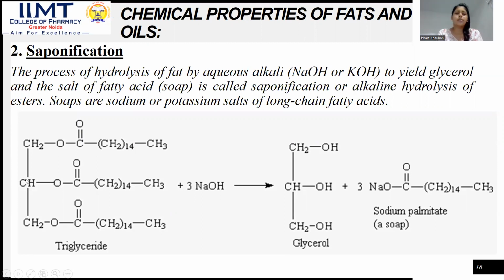Okay, look at this reaction. When we react triglyceride with 3 molecules of NaOH, then it yields 1 molecule of glycerol and the salt of fatty acid, which is called soap. Okay, here this is the sodium palmitate. This reaction is called saponification.